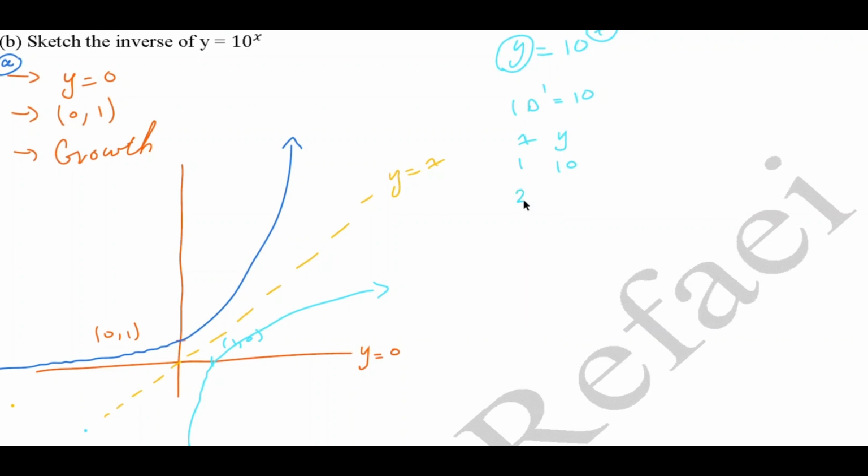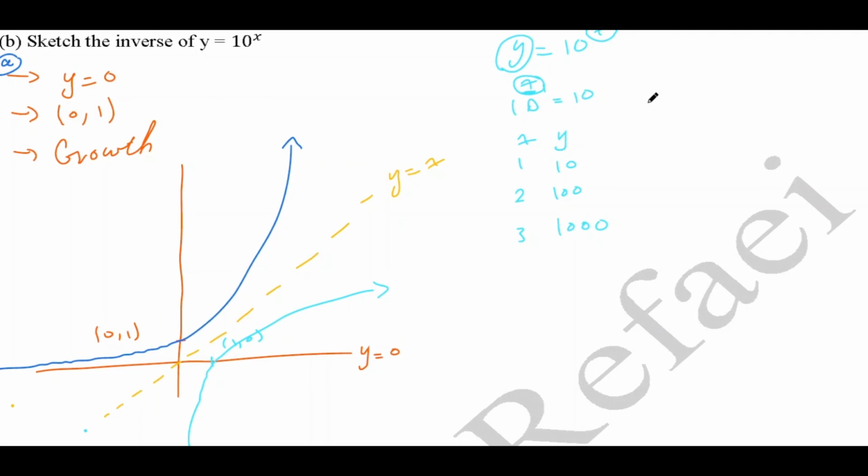When x equals 2, y equals 100. When x equals 3, y equals 1,000. So the input is the power.